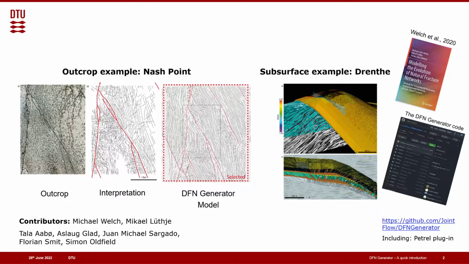So, to come back to the problem that we're trying to address, on the left-hand side of this slide, we can see that we have a orthorectified image of an outcrop of fractured rock. We then have an interpretation of that rock, where in red we have the larger faults that have been observed, and then we have black lines indicating where we are observing fractures within the model, or rather within the outcrop.